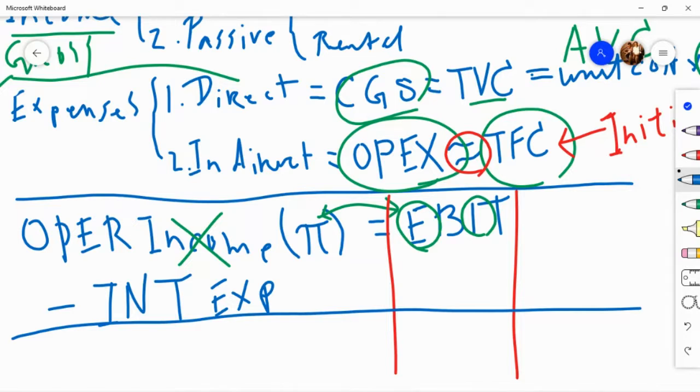What is the most salient, most obvious characteristic of manufacturing that distinguishes it from retail or the service industry? What is the most salient feature of manufacturing? Anyone?